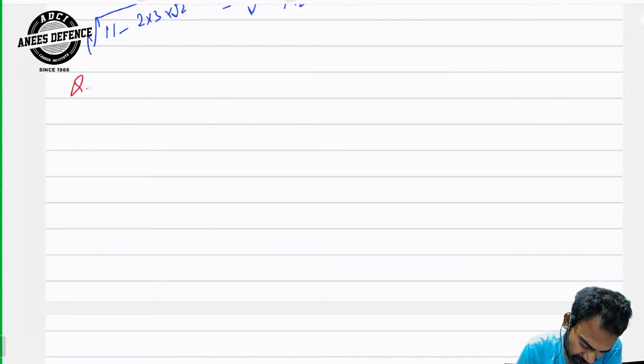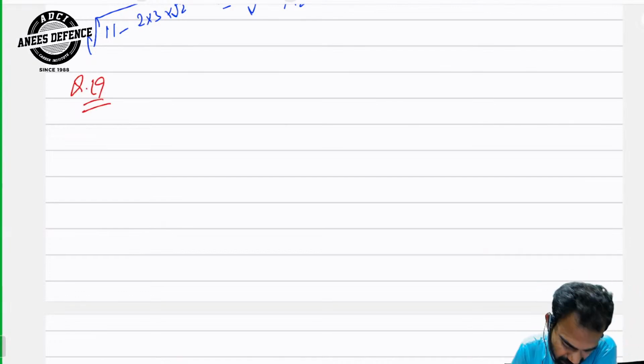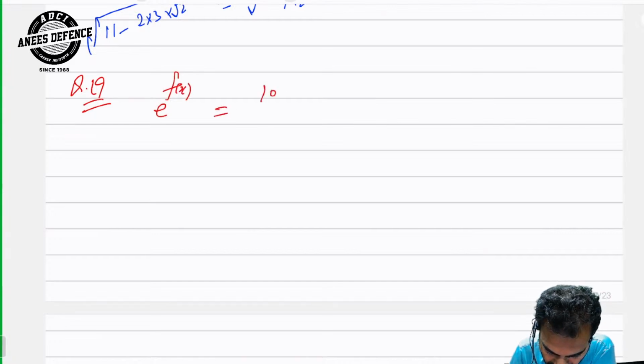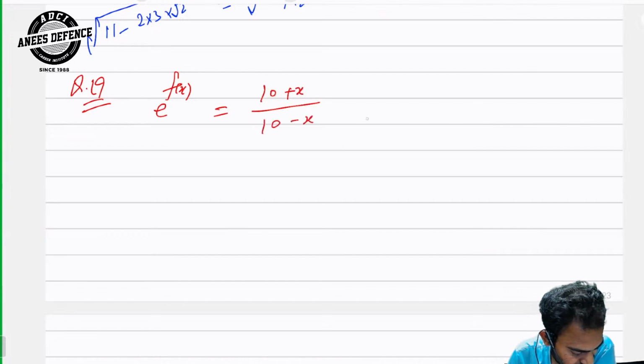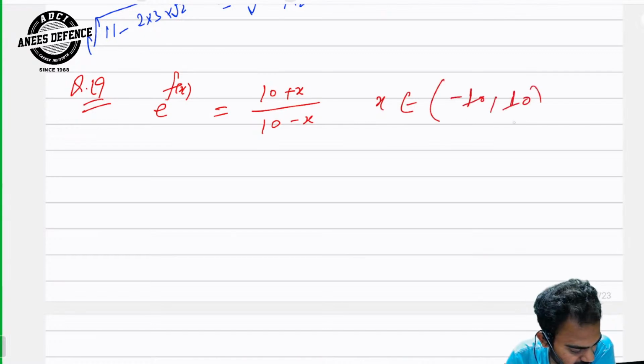Question number 19. e to the power f of x equals (10 plus x) upon (10 minus x), where x belongs to (-10, 10).